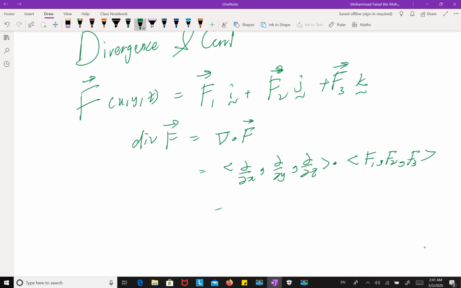With the dot product you will get a scalar: del F1 over del x plus del F2 over del y plus del F3 over del z.